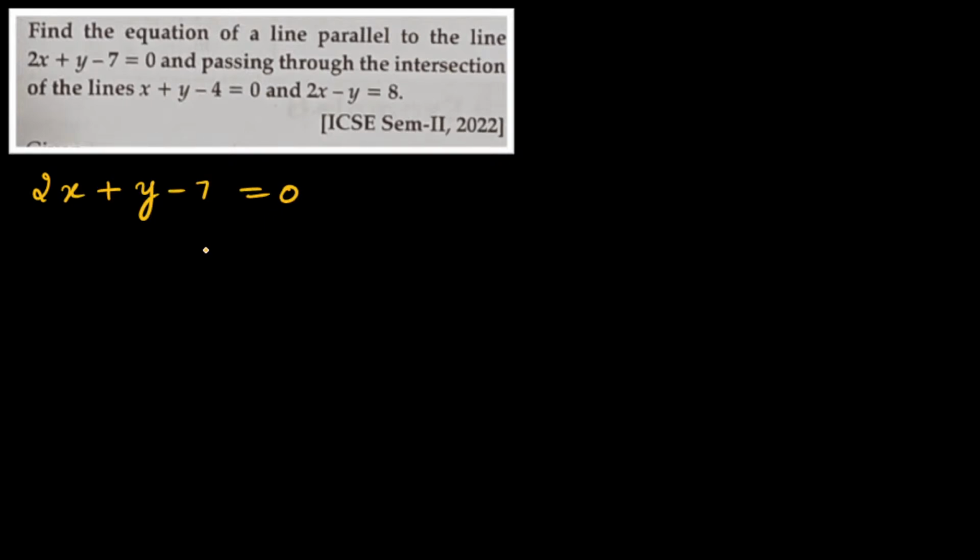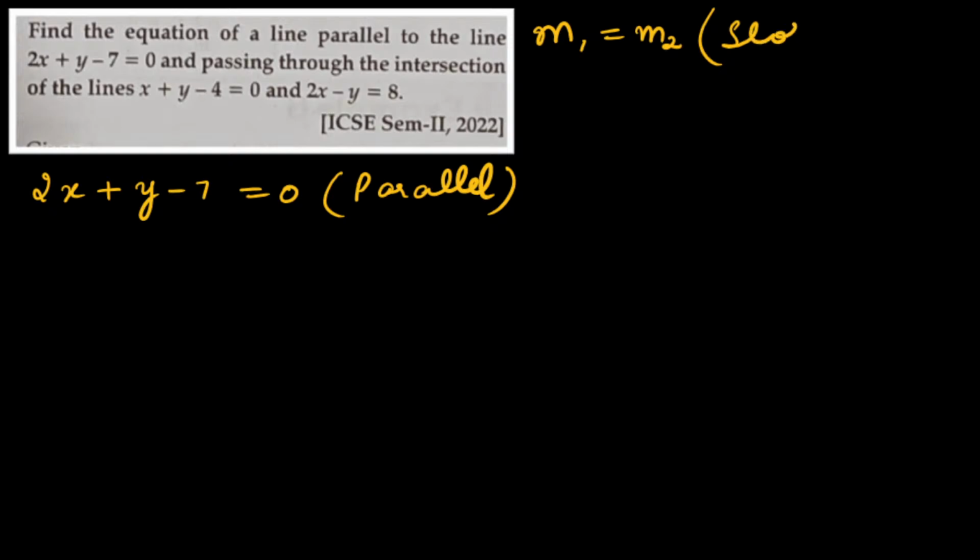If a line is parallel, what relation about slope do we have? That means if two lines are parallel, then their slopes are equal. So m1 is equals to m2.